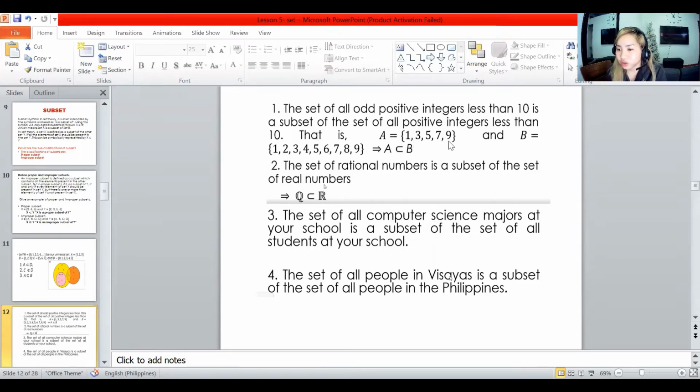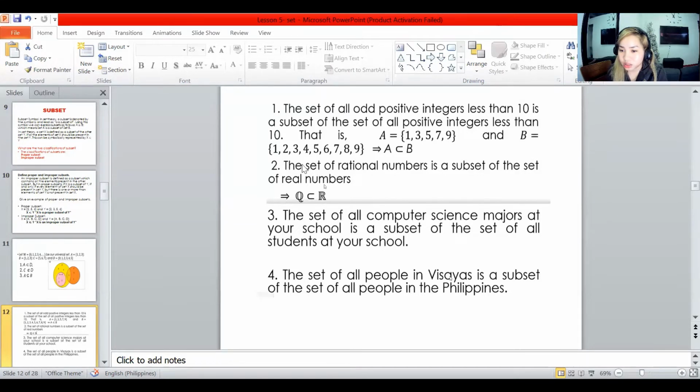So, si 1, 3, 5, 7, 9 is present dito sa set B. Yung mga wala naman kay set A na meron si set B is yung 2, 4, 6, tapos yung 8. Ayun po yung mga wala kay set A. Kaya, ang naging mathematical notation natin is A is a proper subset of B.